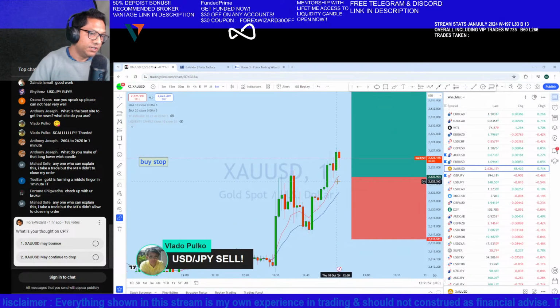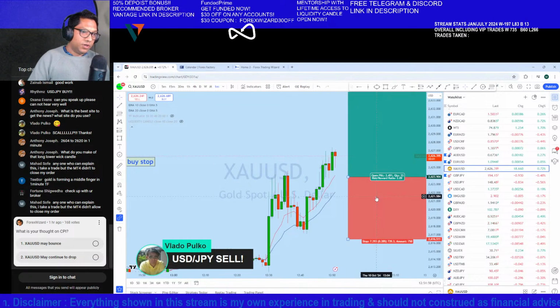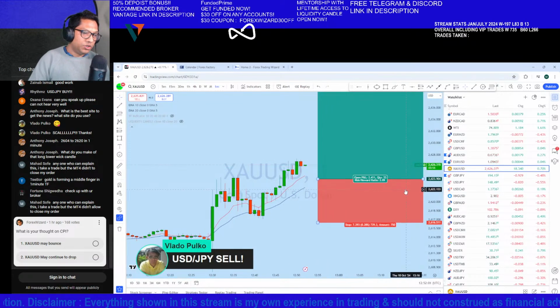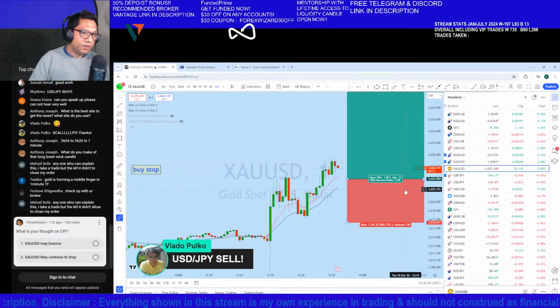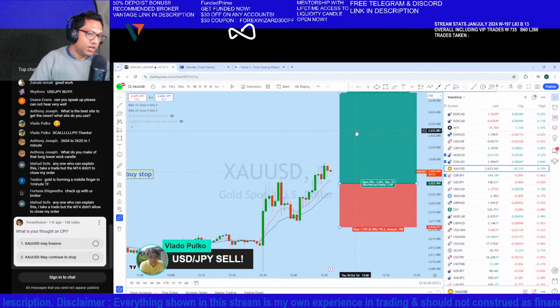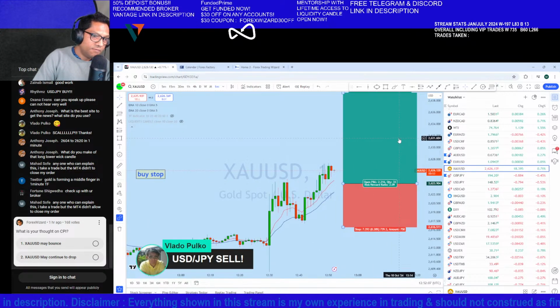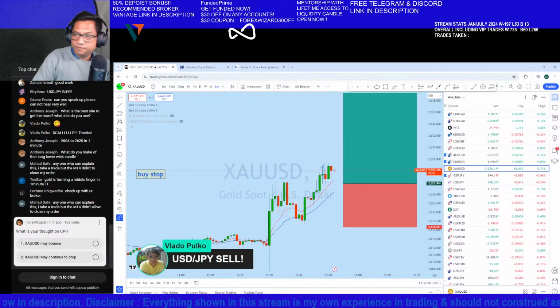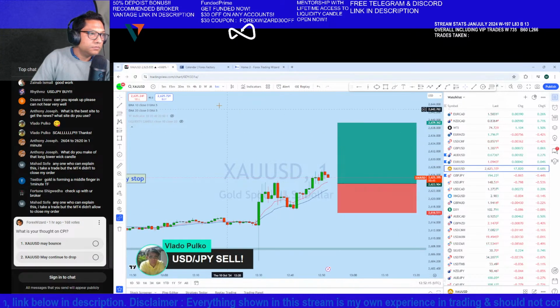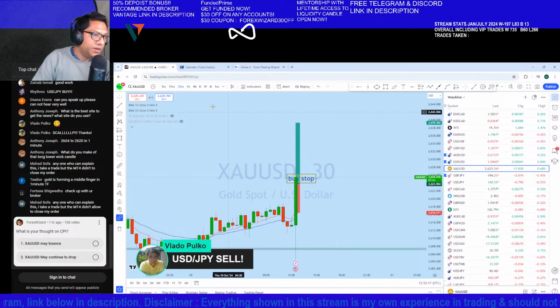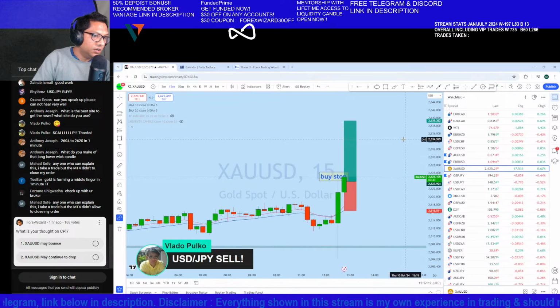Here what we can see, okay, some potential movement and expecting it to trend in the direction. I expect a bit more volatility, which is important.